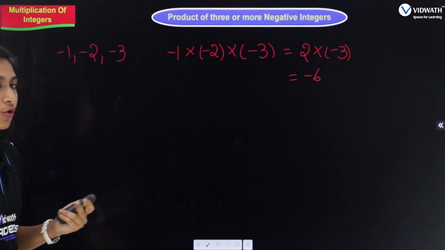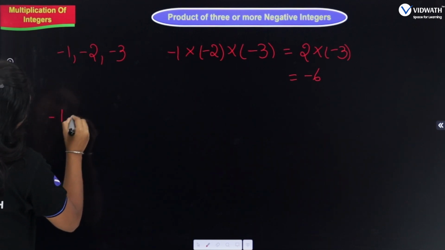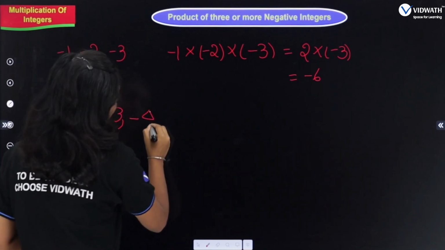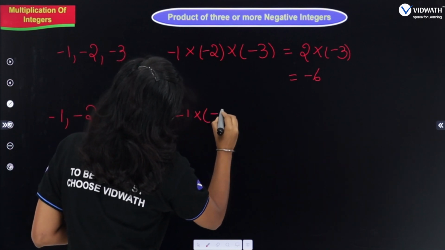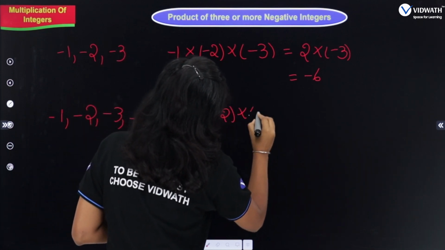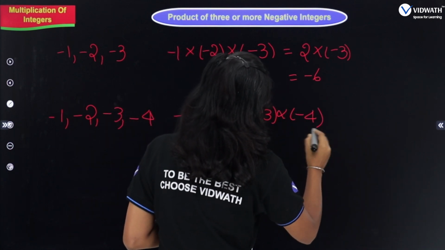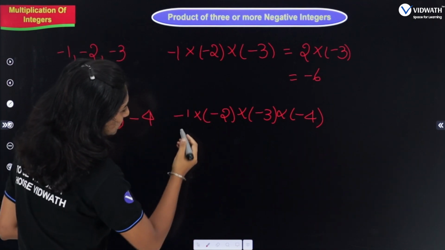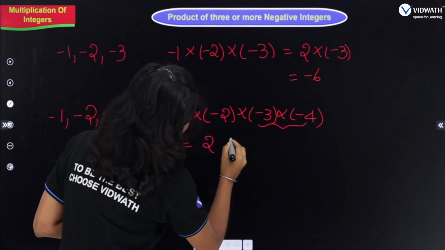So, if I take 4 negative integers, that is minus 1, minus 2, minus 3 and minus 4, and multiply them, minus 1 into minus 2 into minus 3 into minus 4, which is equal to minus into minus plus, 1 into 2 is 2, and now we'll multiply this.